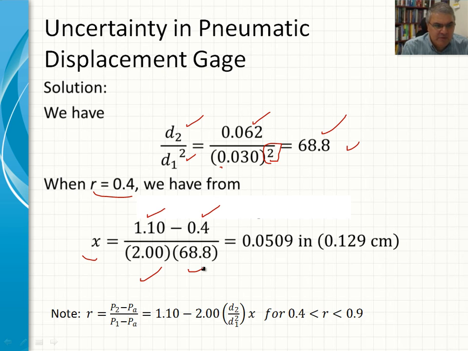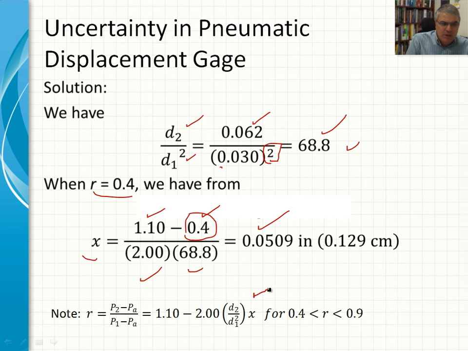And the rest is given. All we did was plug in R as my 0.4. And that would turn out to be 0.0509 inches or 0.129 centimeter.